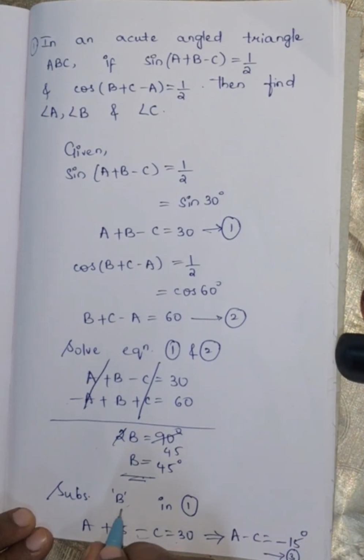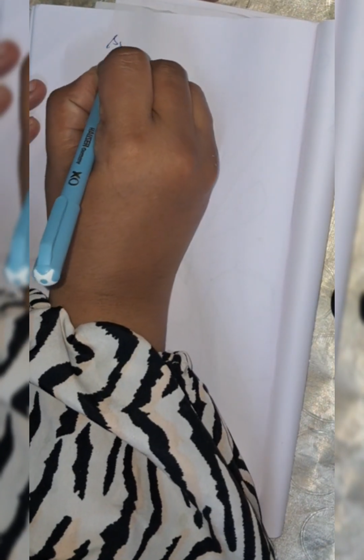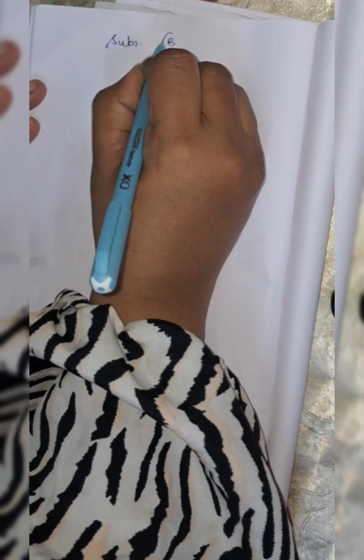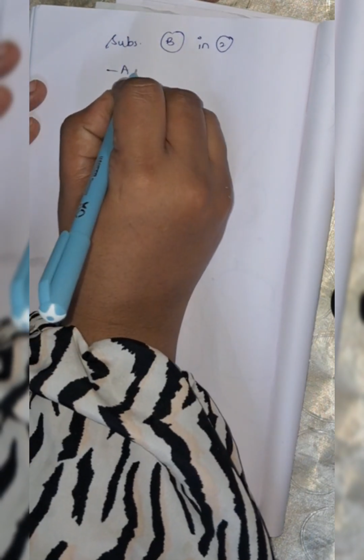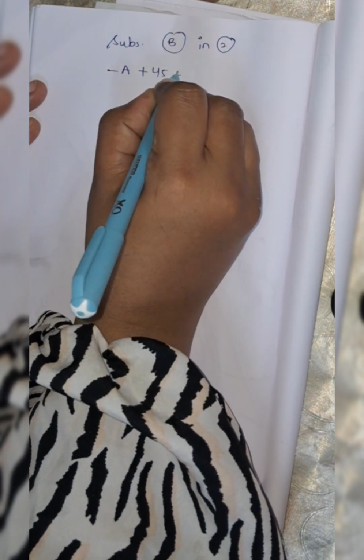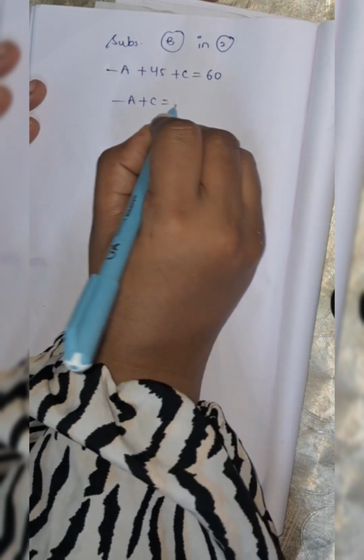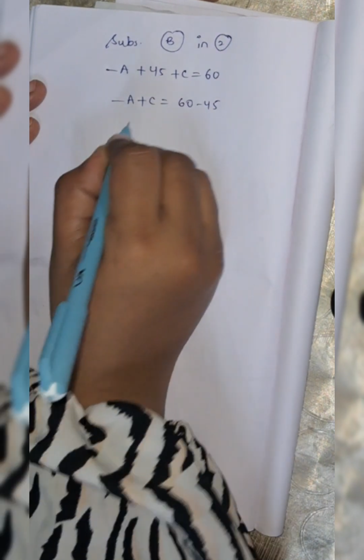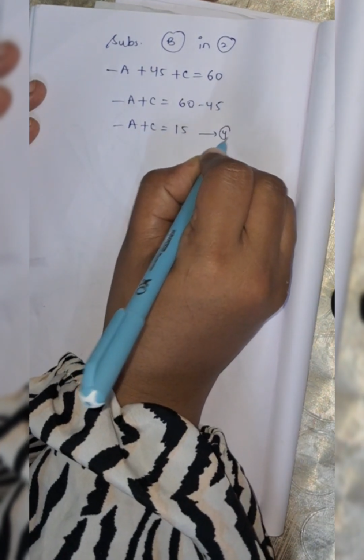Now again substituting B in 2. What is our equation 2? -A + 45 + C = 60. So -A + C = 60 - 45, so -A + C = 15. Let it be equation 4.